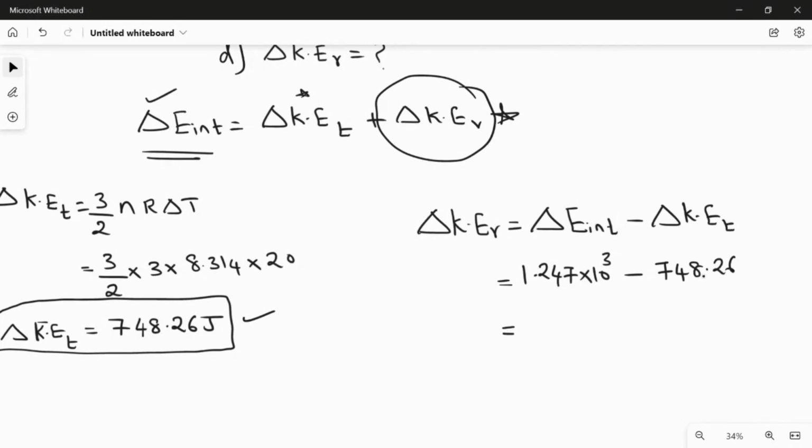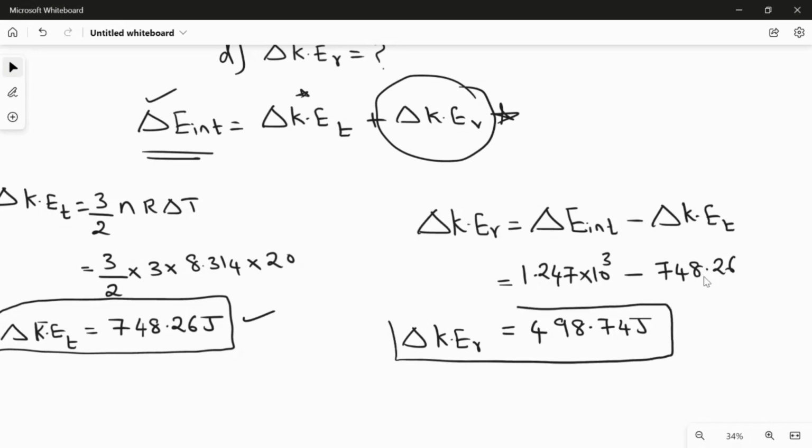Here I got the answer as 498.74 joules. So this is the answer for the change in rotational kinetic energy, the answer for the last part.